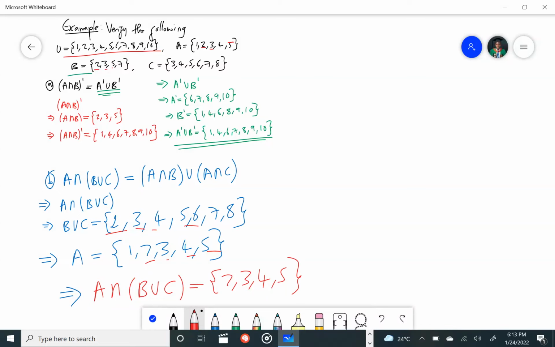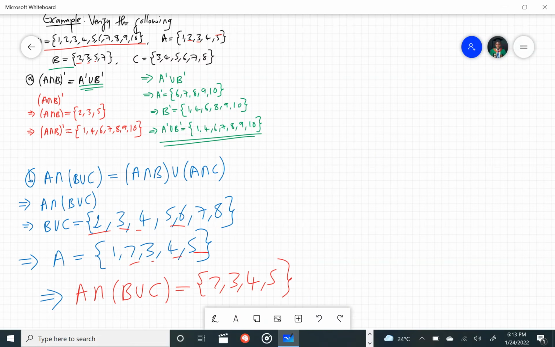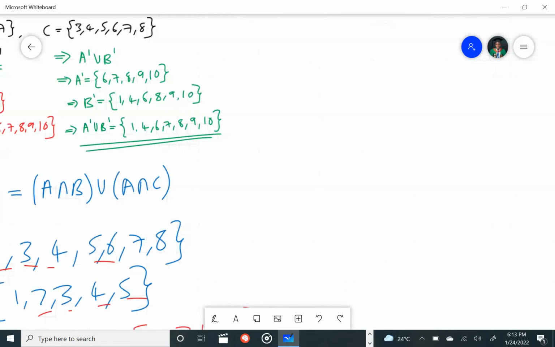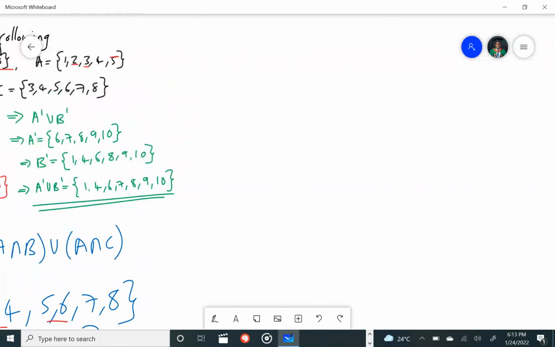Okay, so that's how we want to do that one. Let's see if we can create more space. Now let's prove using the other method.